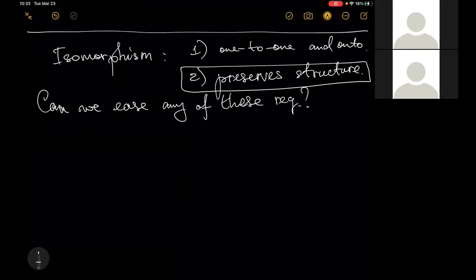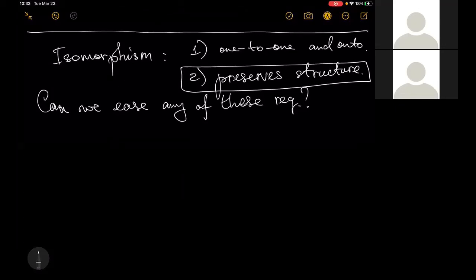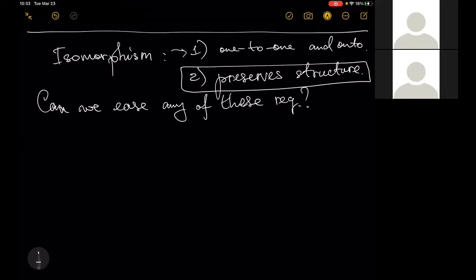But if it's not one-to-one and onto, so if we forget about this, so take it away, it appears that we are getting homomorphism or a linear map, which is extremely useful thing.